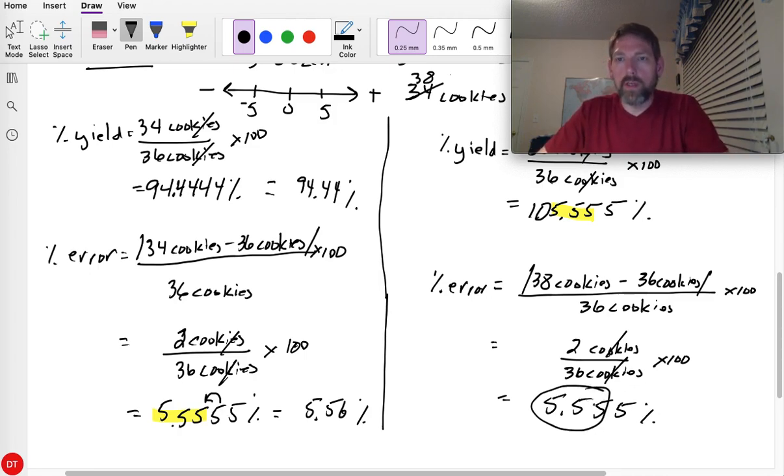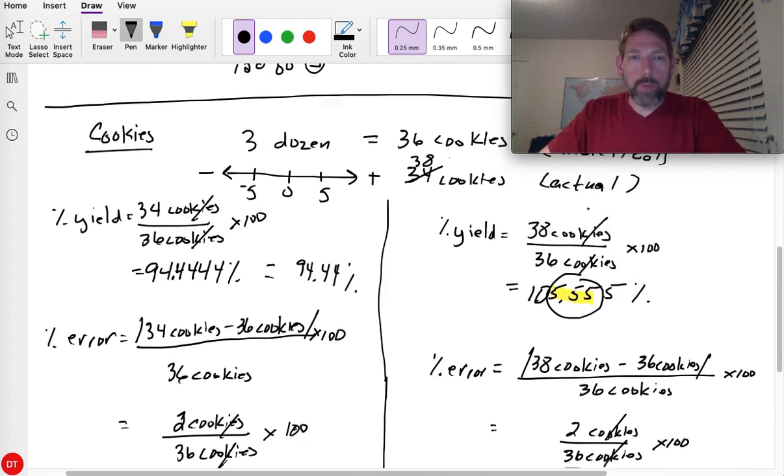You should see that the error, it's the same value, it's the same magnitude. So it doesn't matter. This is why we don't use the negative symbol, because you don't have negative error. It's just that you have to look at the number and interpret it.